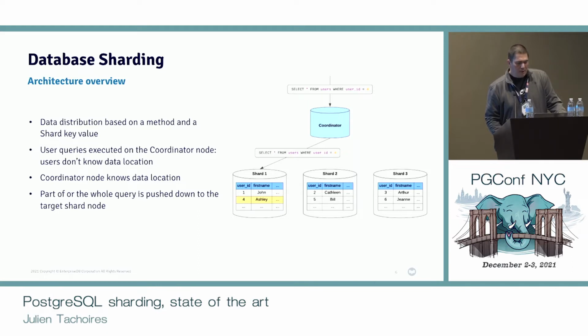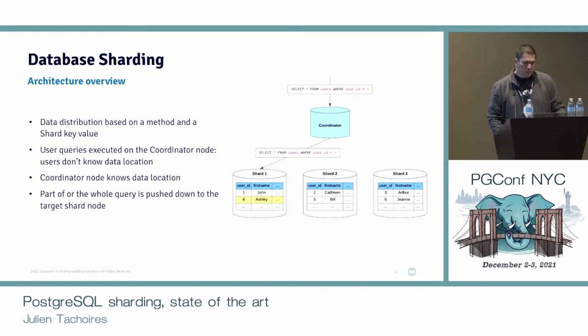The part of the database cluster in charge of routing data between clients and the shard nodes is the coordinator node. This coordinator node acts as a database proxy between clients and the database nodes storing data. So for taking full advantages of sharding, the client should use the shard key when executing queries on the coordinator node.